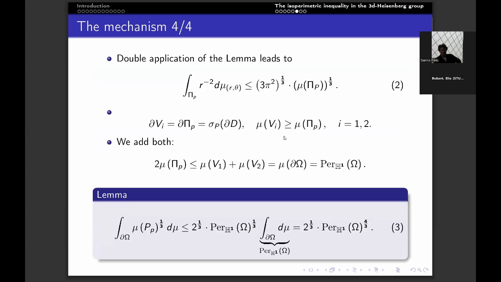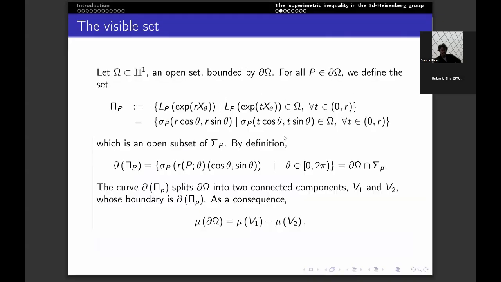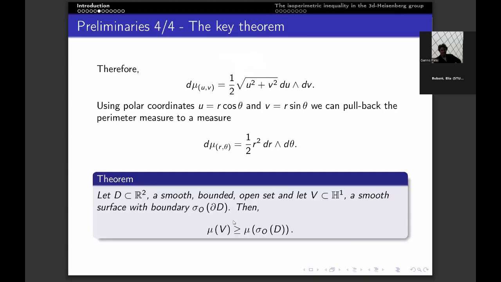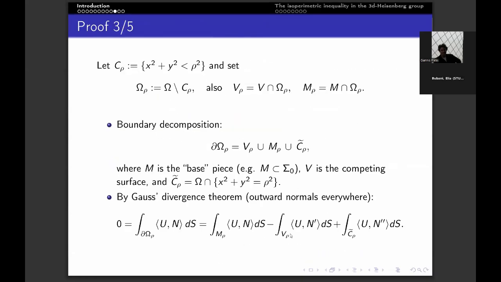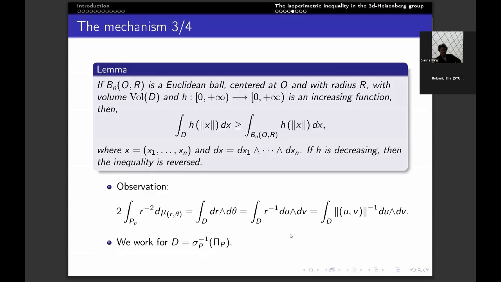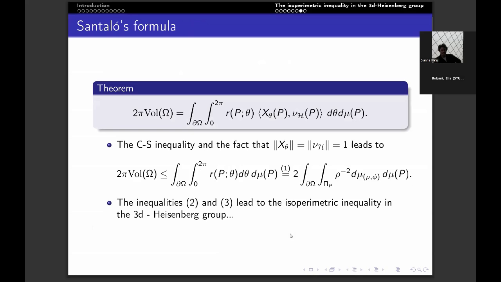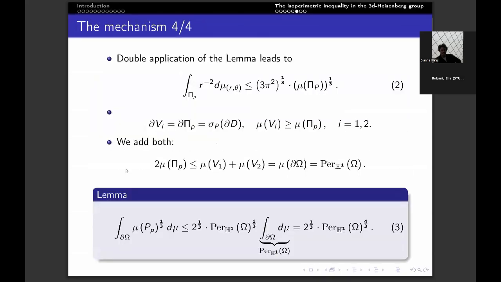We will use the main theorem here because it practically has the same boundary, and using the left invariance of the perimeter measure, the perimeter measure of sigma at the point P of D is equal, using left invariance, to the sigma 0 of D. And then we can add both sides of this inequality here, and it follows that we have the following lemma after these facts.